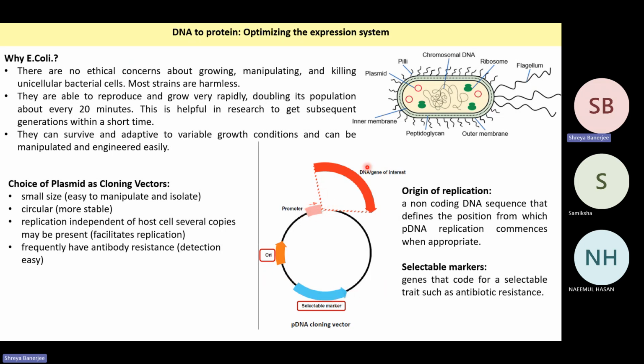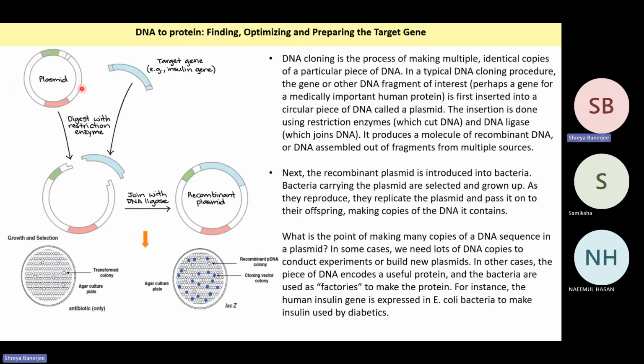So you can see this is the plasmid, one part of which is non-coding DNA, that is, DNA which does not code for anything important. That is cut off with restriction enzymes, and the target DNA or gene that you want to replicate is attached with DNA ligase to form the recombinant plasmid.